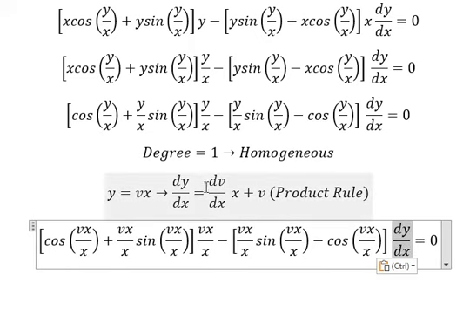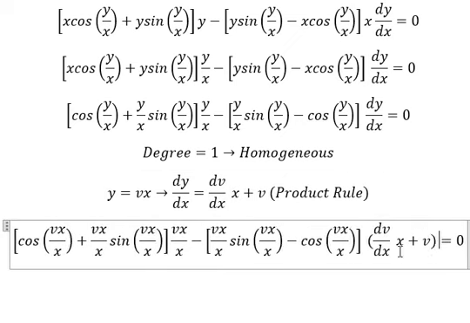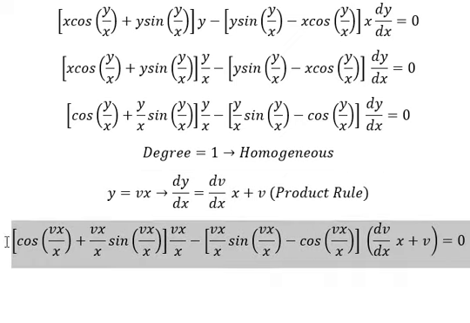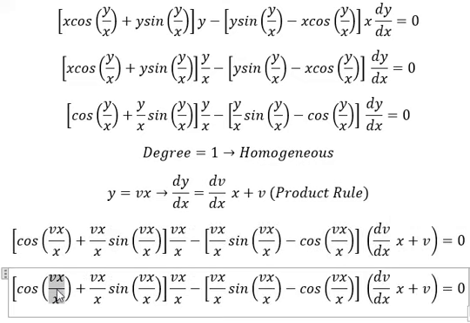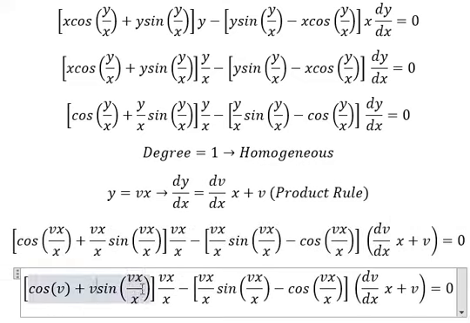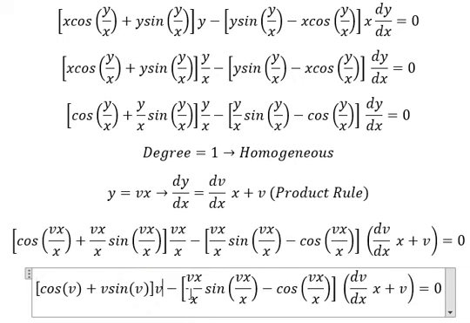This one we change by this one. So this one we got v, this one we have v, and so on in here.